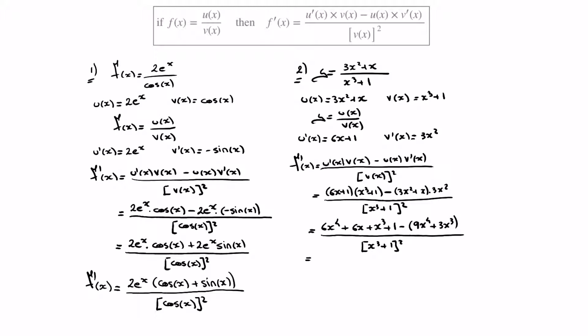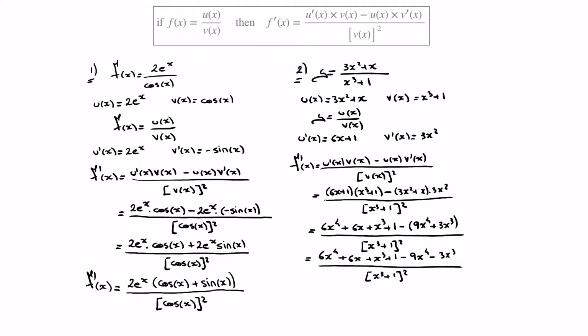And finally, we open up the second parentheses, making sure to pay attention to the signs, which leads us to 6x to the power of 4 plus 6x plus x cubed plus 1 minus 9x to the power of 4 minus 3x cubed, all of which is divided by x cubed plus 1 squared.